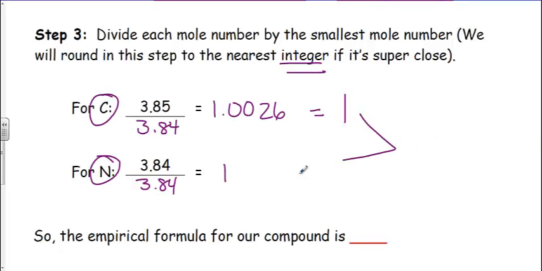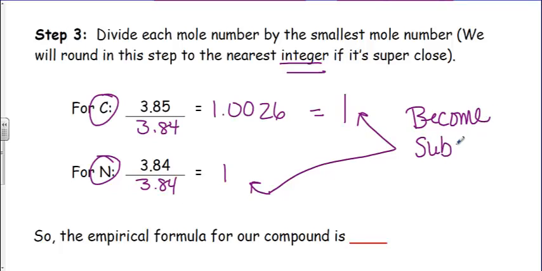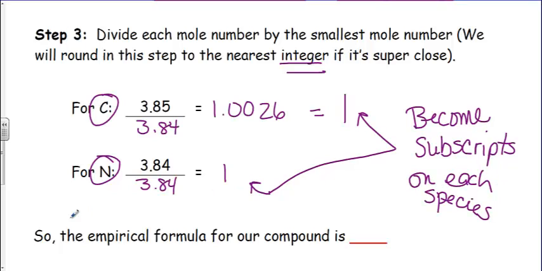These numbers, the 1 and the 1 here, will become subscripts on each species. Therefore, the empirical formula is going to be CN, or C1N1, which we don't write the ones.